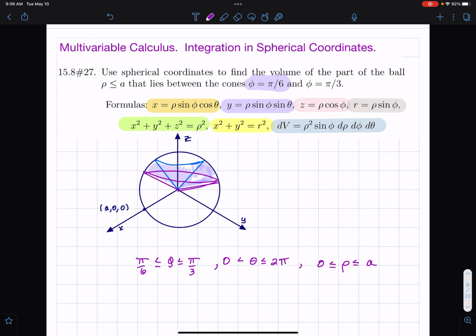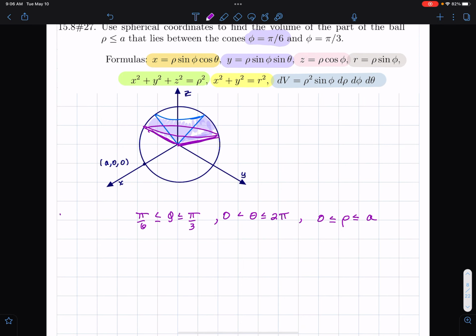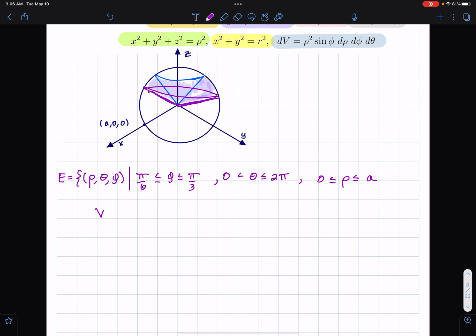Oh well, I had this idea, maybe I'd try to improve upon this picture. So this is what I'll call E, the set of rho, theta, phi such that they satisfy this condition. Now, the volume is equal to the triple integral over E of 1 dV.